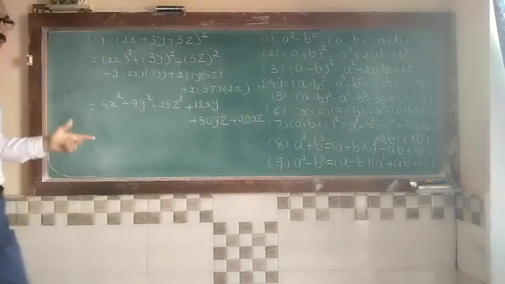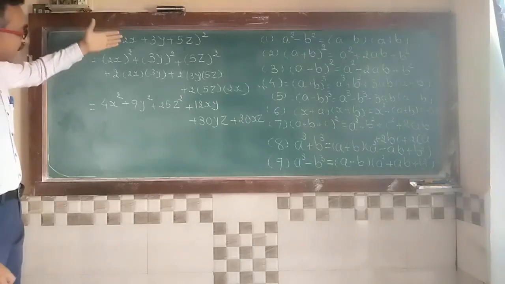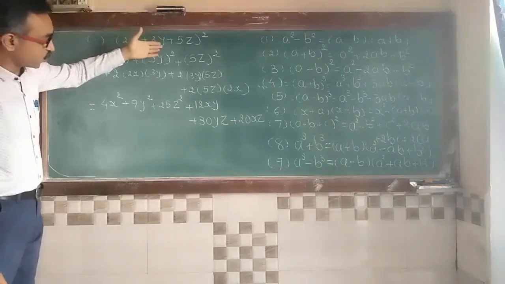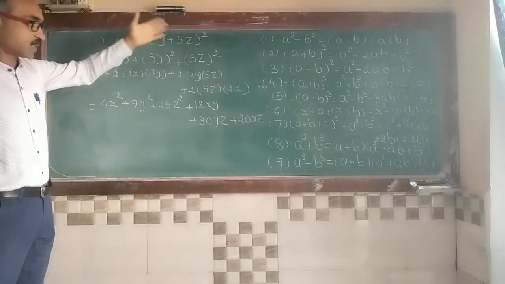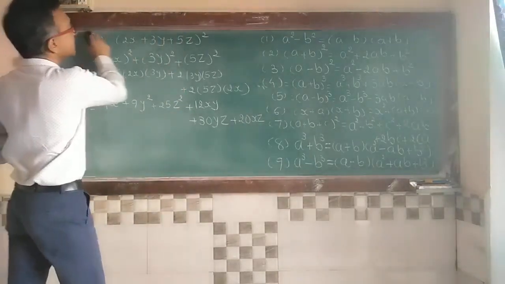This is your answer. You can do more exercises. You can take any value for a, any value for b and any value for c. Okay? Now let's move towards our eighth formula.